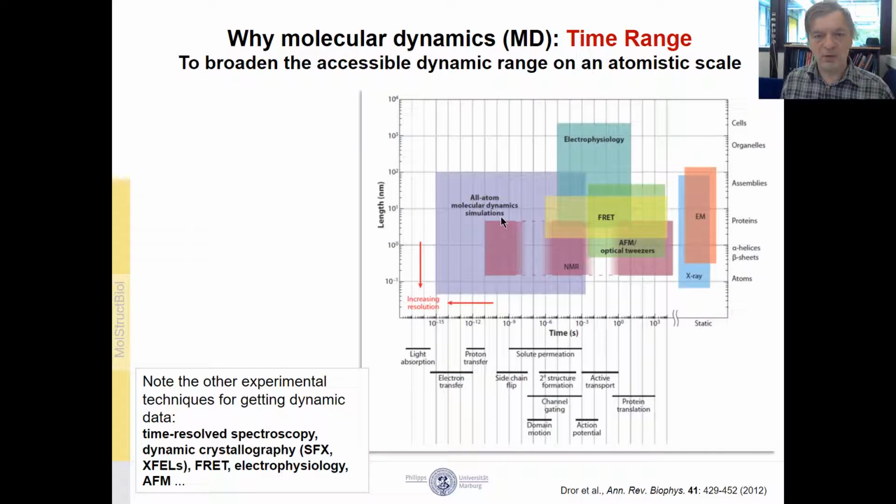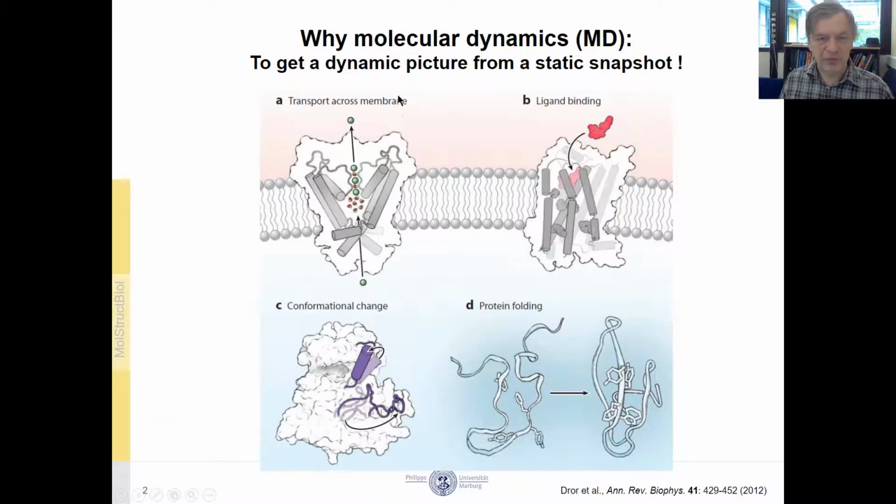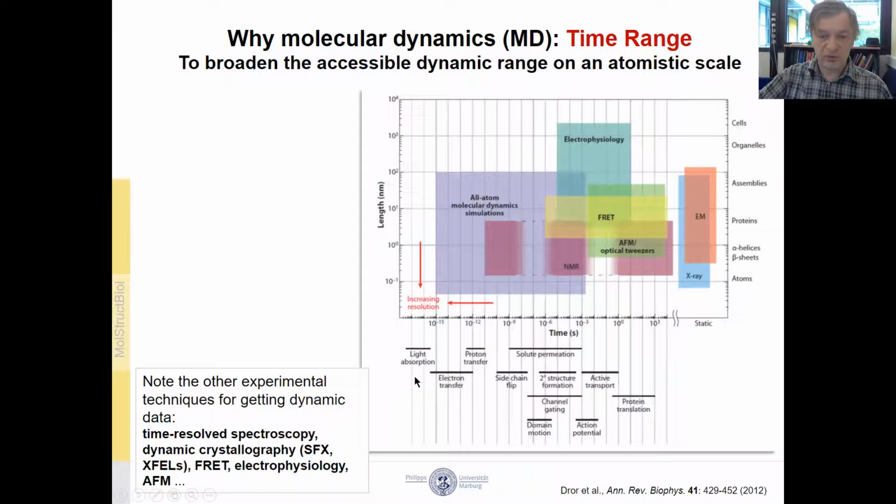So molecular dynamics is a very interesting way to use computer power to provide dynamic information about our given system. For example, as we have seen before, to see how an ion migrates through an ion channel, to see how a ligand binds. Actually, it's easier to see how the ligand unbinds because then you have a uniform start state, but you can also do it the other way around, to see how a very small protein nowadays folds, or some conformation change is happening. But this is done completely in the computer, in silico.